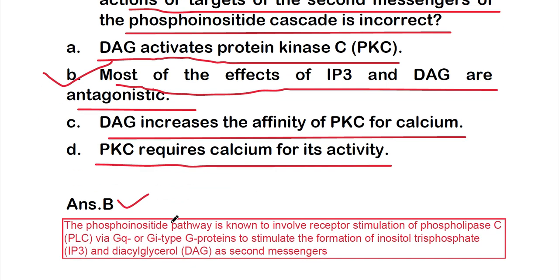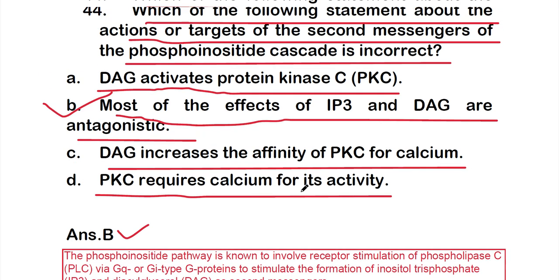Here the phosphoinositide pathway is known to involve receptor stimulation of phospholipase C, PLC, via Gq or Gi type G protein to stimulate the formation of inositol triphosphate, IP3, and diacylglycerol, DAG, as second messengers.